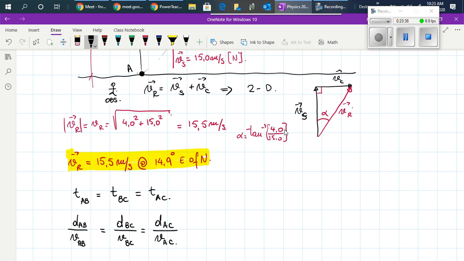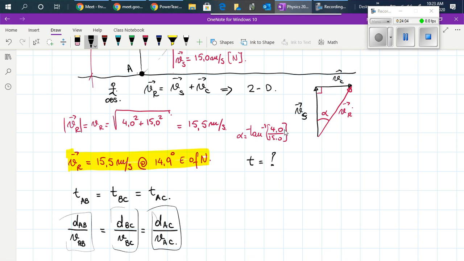So when the question is asking you for how long the swimmer will take to reach the other side, you can pick any of those three ratios, as long as you know both of them.